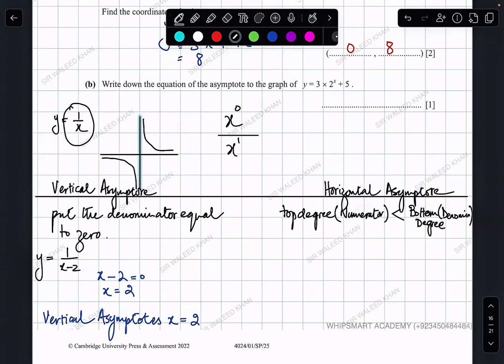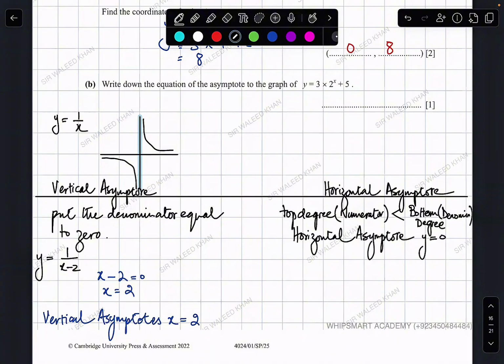So the 1 in the numerator has lesser power than the denominator. In this case, your horizontal asymptote is going to be 0. And we are not going to go into detail. It's just the basic knowledge for horizontal asymptote. It is y is equal to 0.